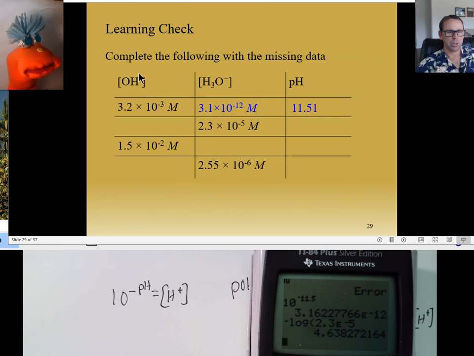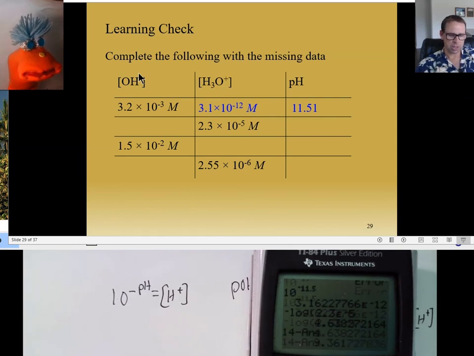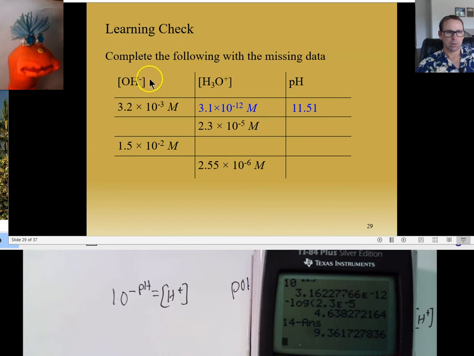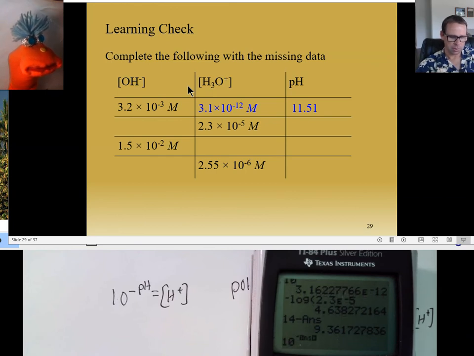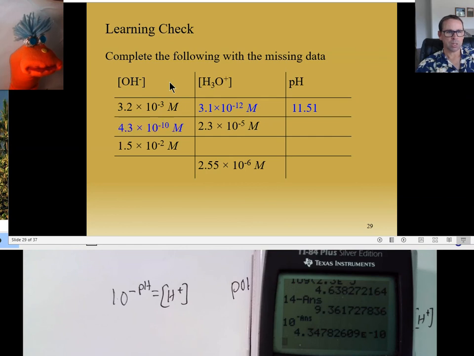Well, you got the pH. 14 minus that would be the pOH. That's right. And now what? Can you do 10 to the negative that value to give you the hydroxide ion concentration? Yes. So 10 to the negative that value, and that'll give me the hydroxide ion concentration. 4.3 times 10 to the minus 10, that's the hydroxide ion concentration. pH is 4.63.